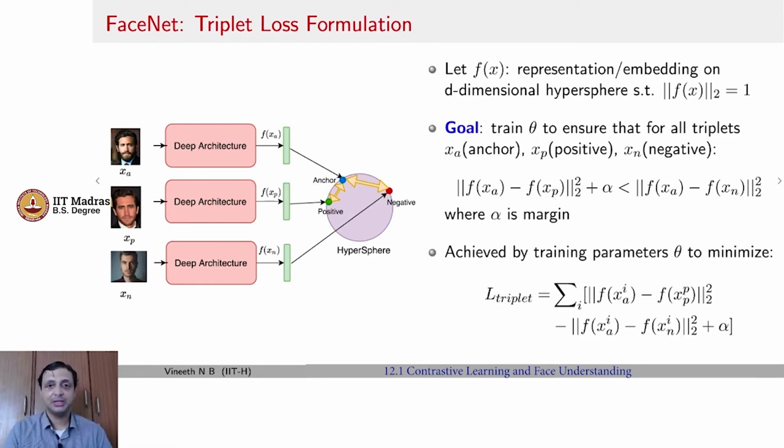This is achieved by using the triplet loss, which is given by ||f(xa) - f(xp)||² minus ||f(xa) - f(xn)||² plus α. It's simple to see that this will now try to ensure that this loss at least has a certain margin of alpha between the distance of the negative sample to the anchor and the positive sample to the anchor.